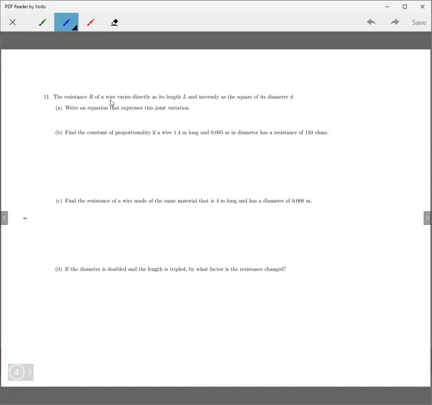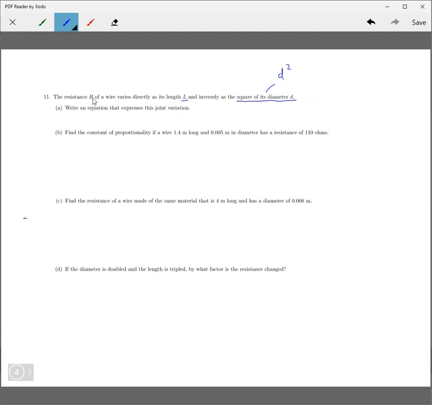The resistance of a wire varies directly as its length L, and inversely as the square of its diameter. So the square of the diameter is going to be d squared. Write an equation that expresses the joint variation.